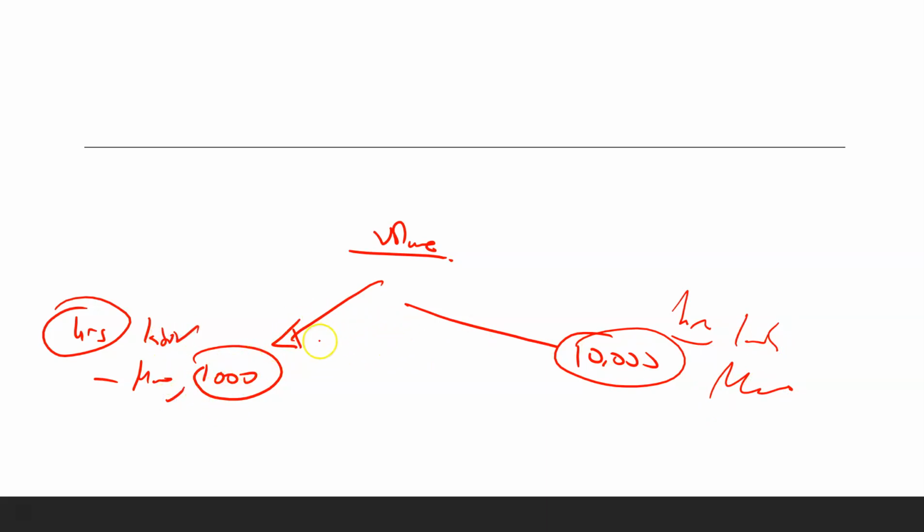So it will split whatever overhead cost it has based on that volume, giving less to the product that has fewer hours. And so that's true as well.